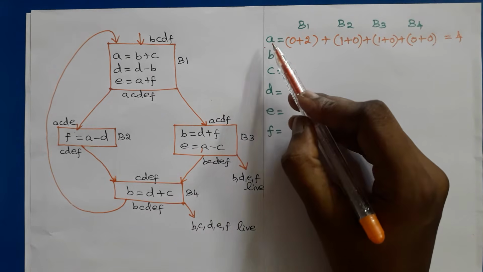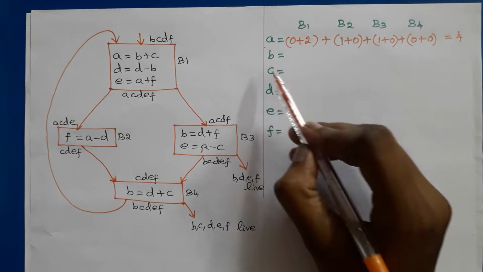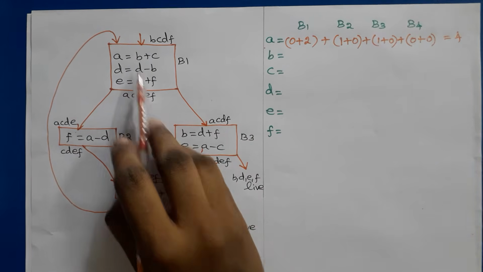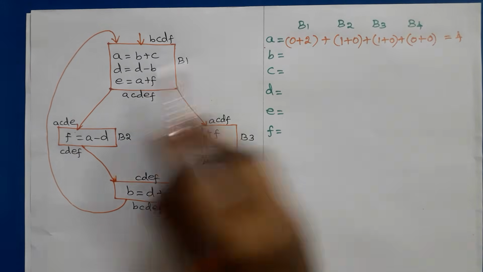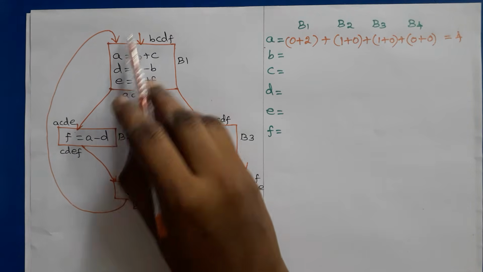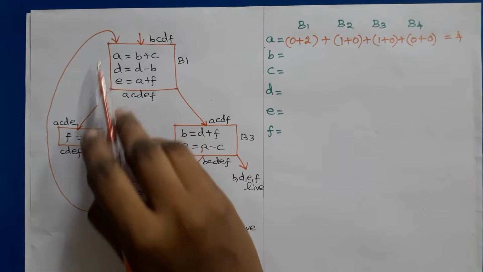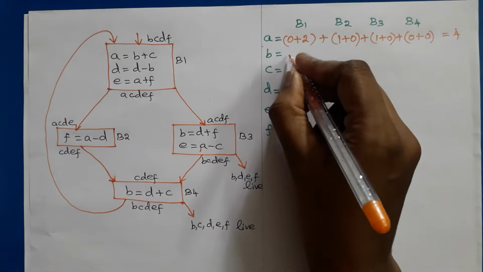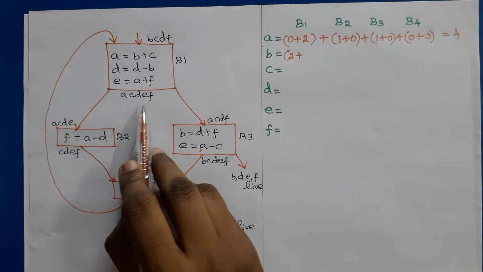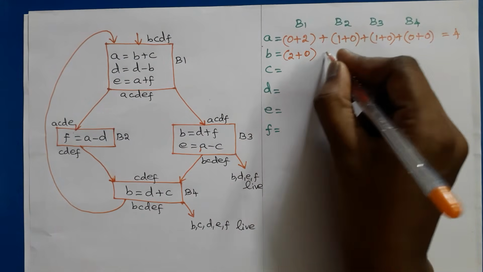Okay, so similarly we can find the usage count for all the variables. So consider b. How many times is b used in basic block B1? 1, 2. Number of times is 2, and it is not preceded by any assignment to b. So 2 plus, b is not live on exit, so 0.